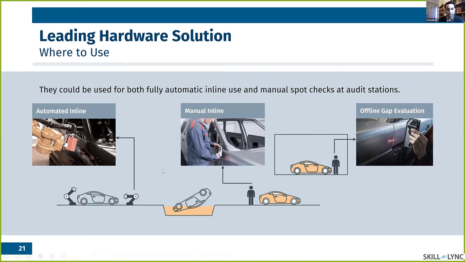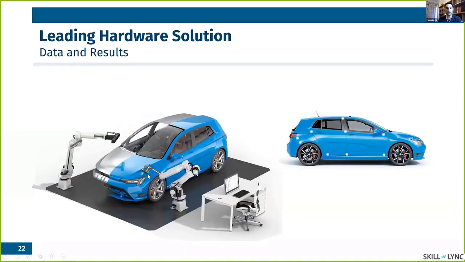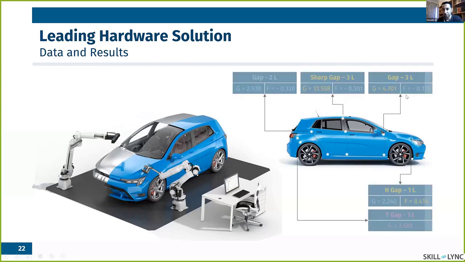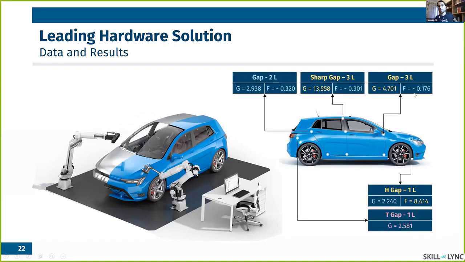Here again, you can see a complete picture of measuring the gap and flushnesses, and data and results could be achieved and would be illustrated in this style. You can see here that the gap is measured here as 4.7 and the flushness is minus 0.1.